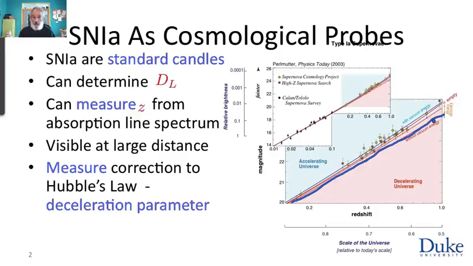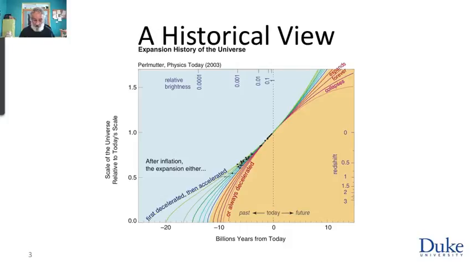These days we have measurements at even larger values of the redshift. For nearby supernovae, we observe the linear expansion, the linear approximation, and then at larger distances, we observe that the universe is accelerating, and in fact, the most distant supernovae discovered actually begin to show us the downward trend.